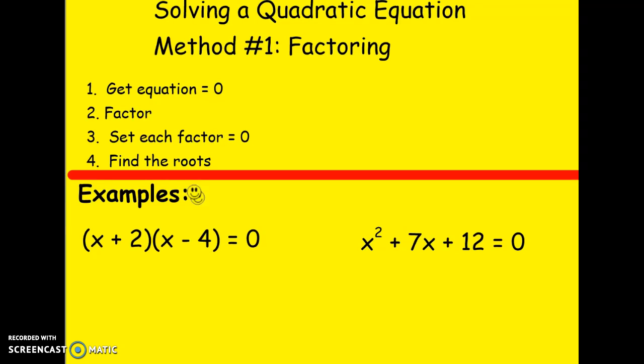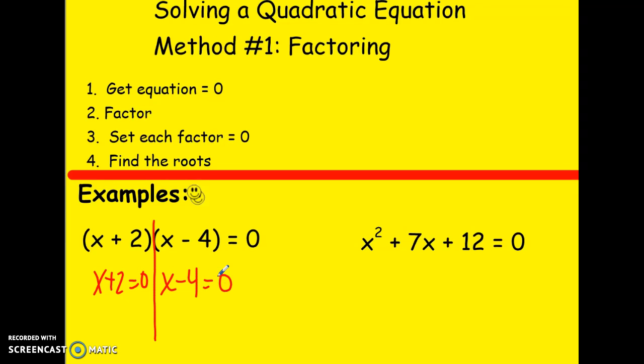So if you look at my examples, these are not on your paper. Example number 1 already has the factors for you. They're already in parentheses. And you may be able to tell me the answers right away, right? But just to show your work, you would set each parenthesis equal to 0.